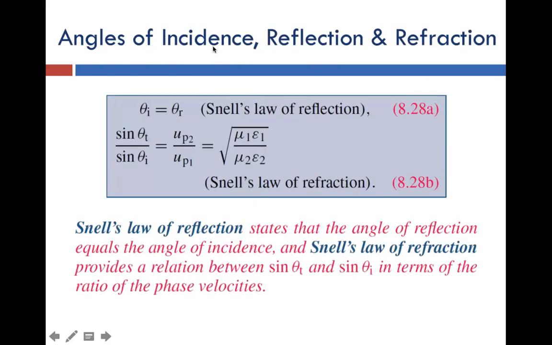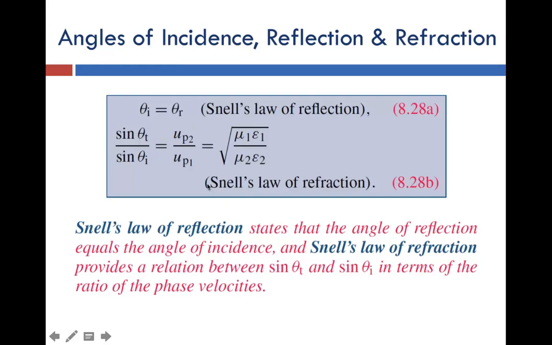So basically, angles of incidence, reflection, and refraction come from Snell's law. This comes from applying the boundary conditions of electromagnetic fields. Snell's law of reflection says that the incident angle and the reflected angle are equal.